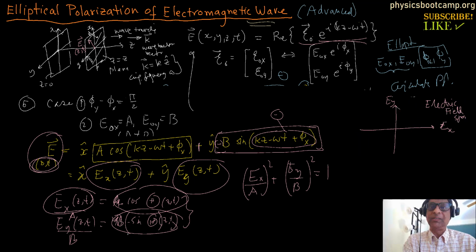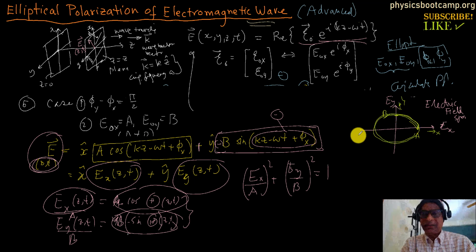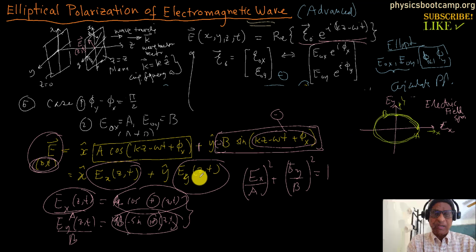In order to see the direction of the electric field, there's an a here and a b here, and it is a, and this is where the x direction is, and this is the y direction. So this is an electric field, and because of this being a minus, it's going to go around in this direction.